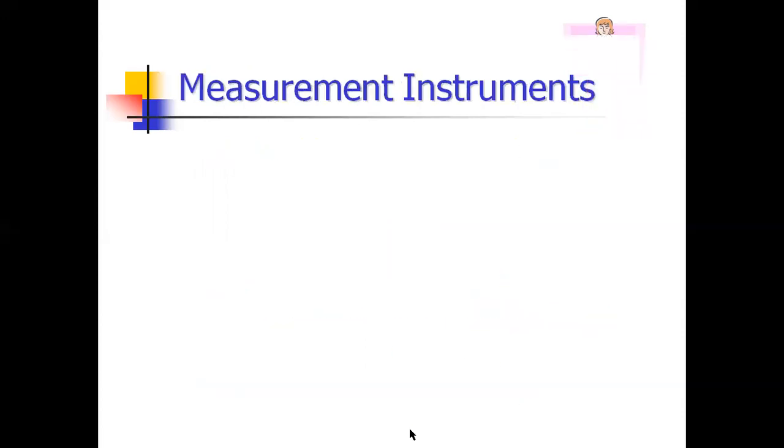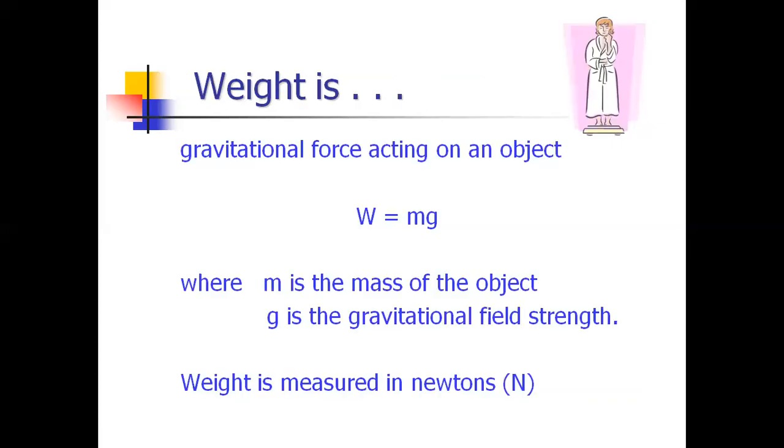And measuring instruments, how we can measure them. Before describing the instruments, one more thing I would like to explain here. If the same object is taken to any other place, then its weight will change due to the change in gravitational field.